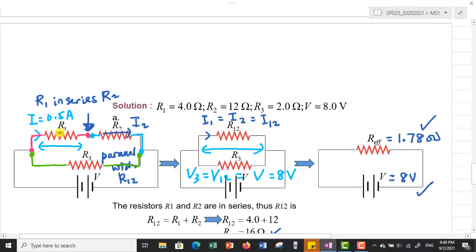The voltage across R1 will be V1, and the voltage across R2 will be V2. Obviously, for series combinations, V1 plus V2 will equal 8 volt, the voltage that we supply.